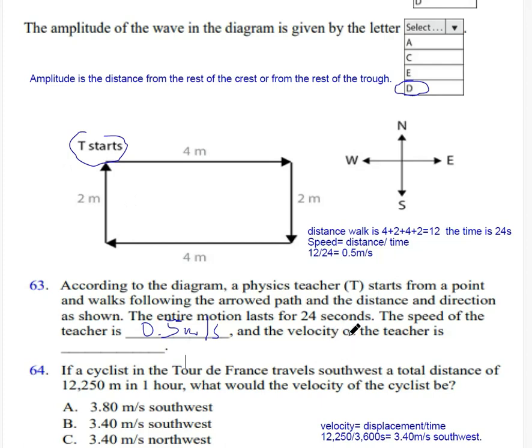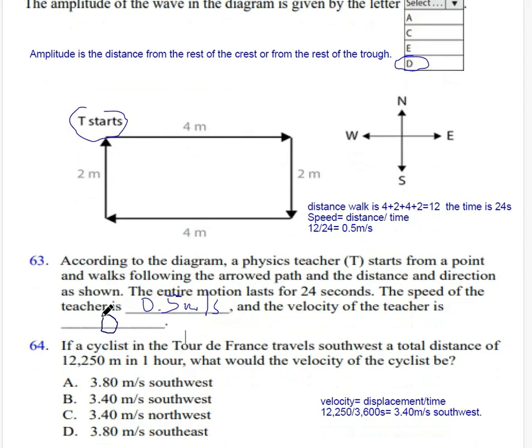If the teacher starts here, going here, and going here, the teacher ends up at the starting point, because this is the starting point of the teacher, and then he ends up walking back to the starting point. So the entire path of the teacher has zero velocity.